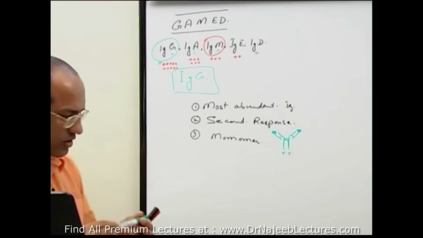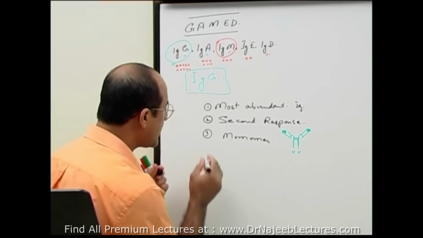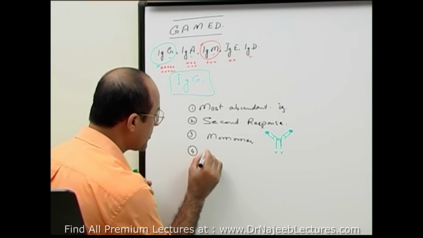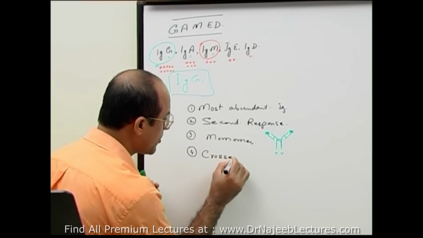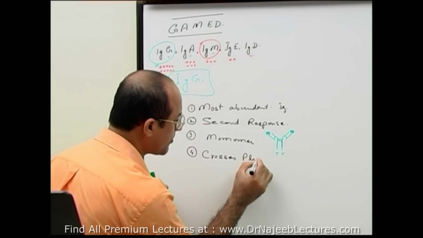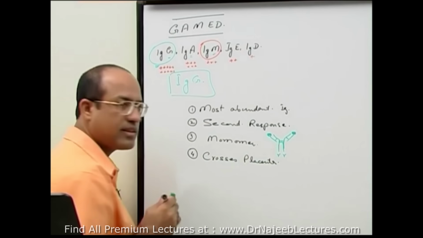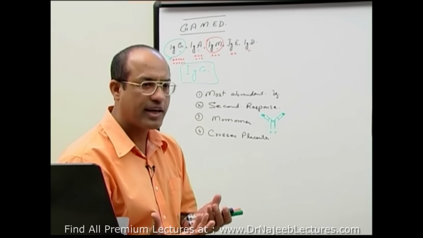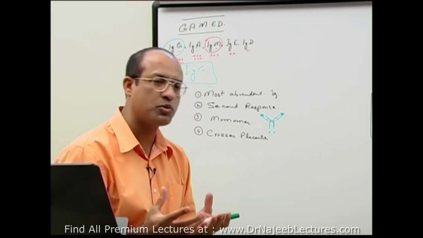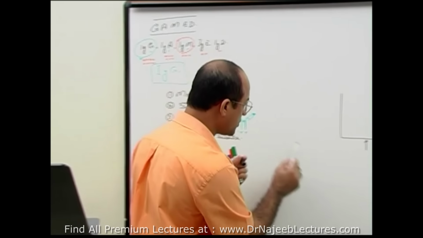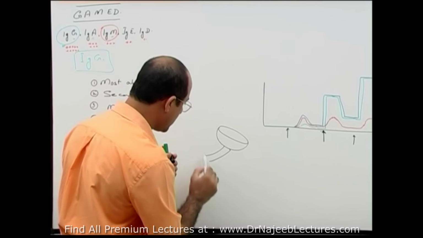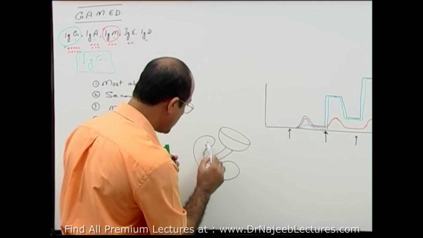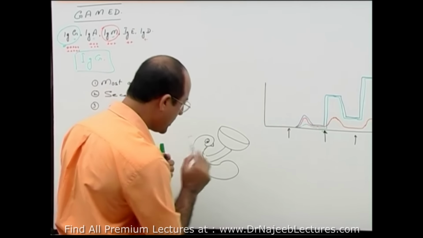Now, another thing which is important about it is that it crosses the placenta. It means that the placental cells express the receptors for the Fc portion of IgG. Let's suppose here is the placenta and here is your fetus, right?